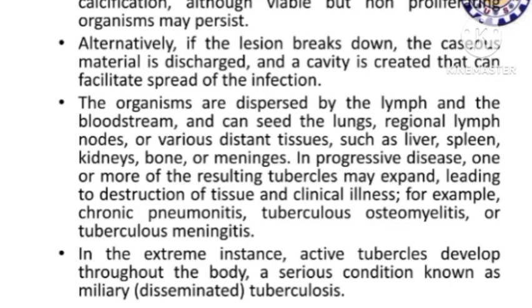If the lesion arrests, the tubercle undergoes fibrosis and calcification, although viable but nonproliferating organisms may persist. Alternatively, if the lesion breaks down, the material is discharged and a cavity is created that can facilitate spread of the infection.